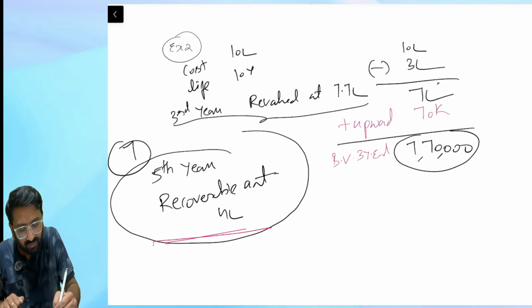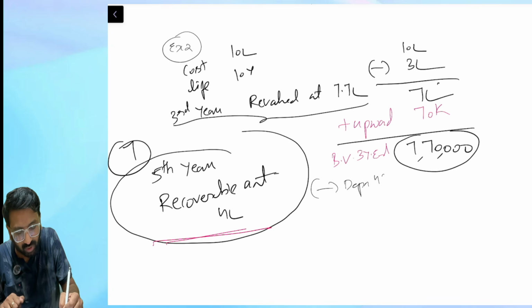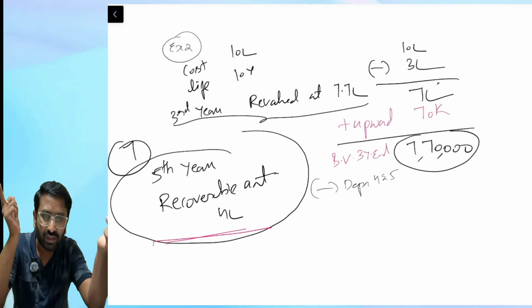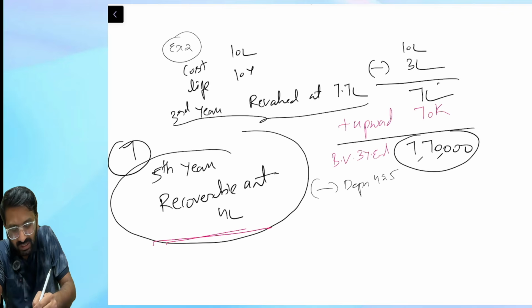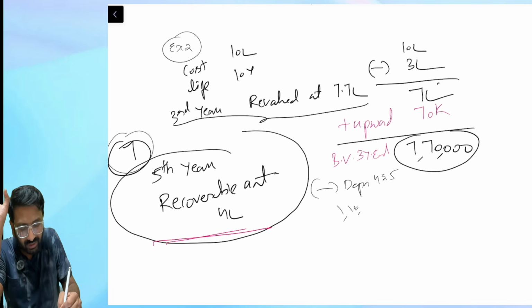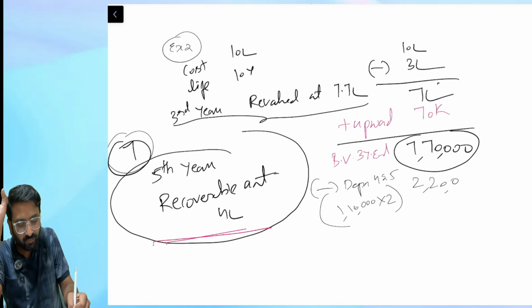So, what I'll do from here, I'll remove depreciation for year number 4 and year number 5. So, how much will be your depreciation? 7 lakh 70,000 divided by remaining life is 7 years. So 1 lakh 10,000, 1 lakh 10,000. So 110 into 2 years, so 2 lakh 20. So from 770, I'll remove 2 lakh 20,000.